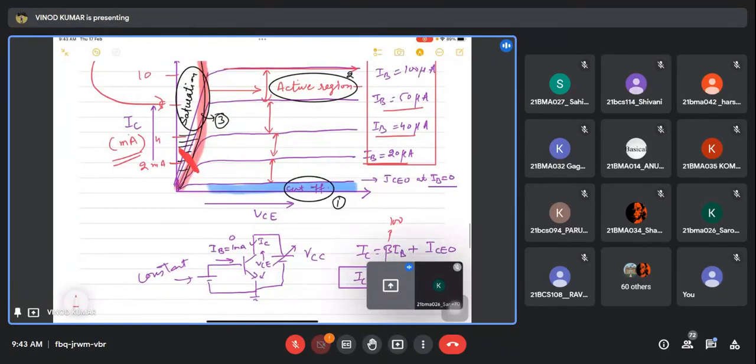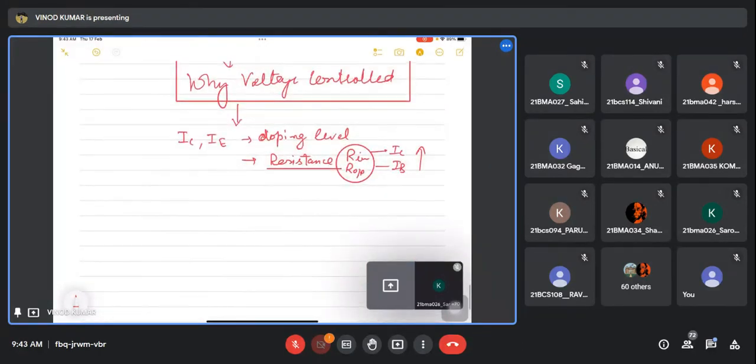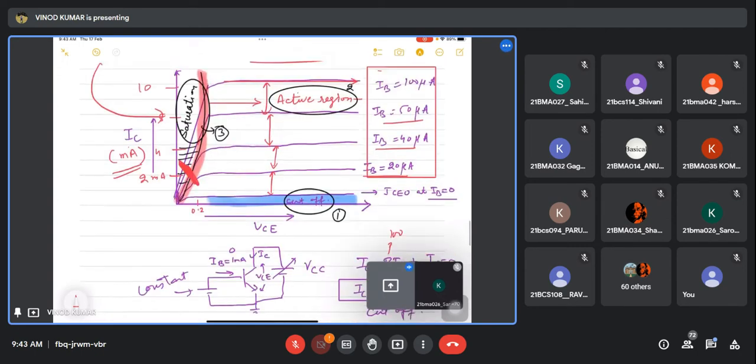And if you see the value of VCE, it is 0.2 like this in the saturation region. So VCE saturation has a very small drop here. Can you see? But in the active region it is 1 volt, 2 volt, 3 volt, up to 12 volts.